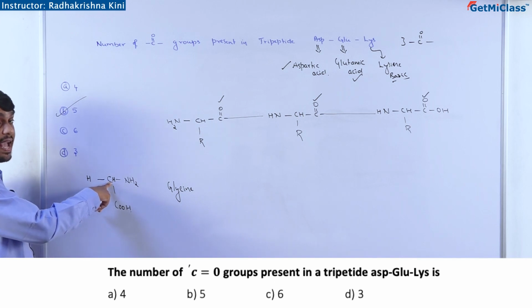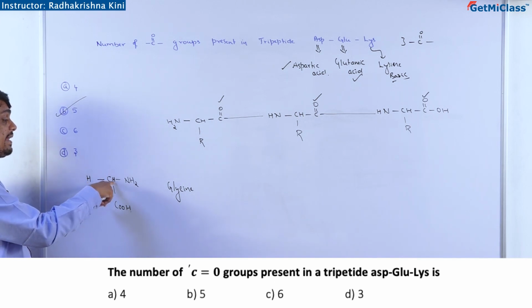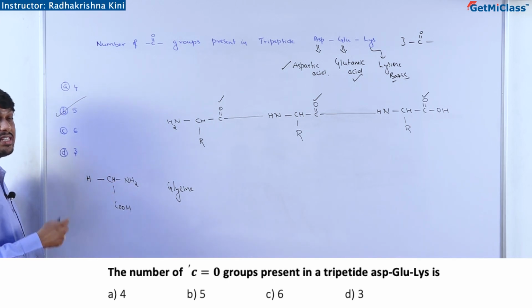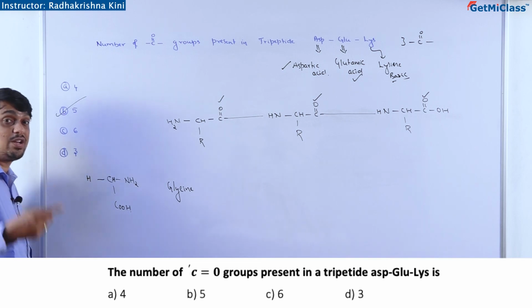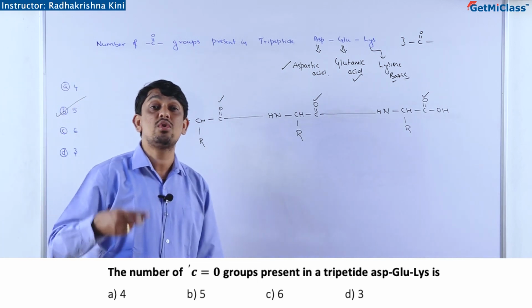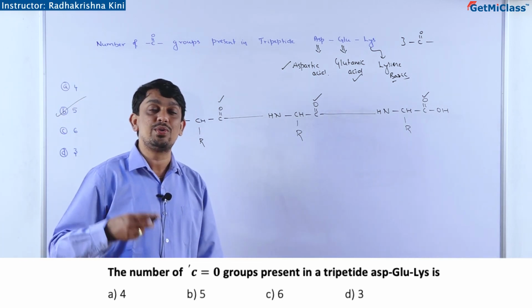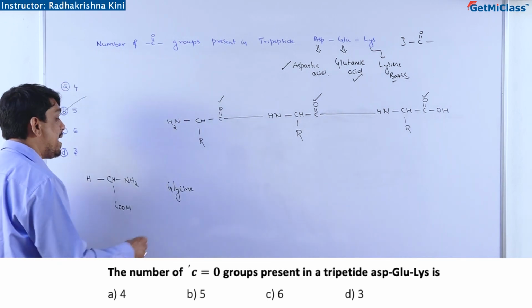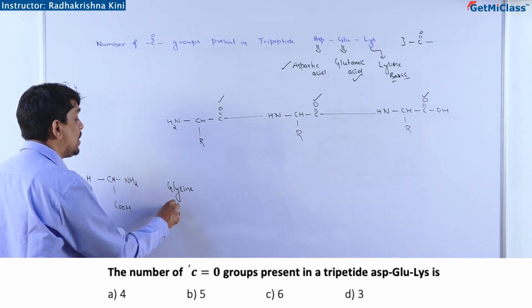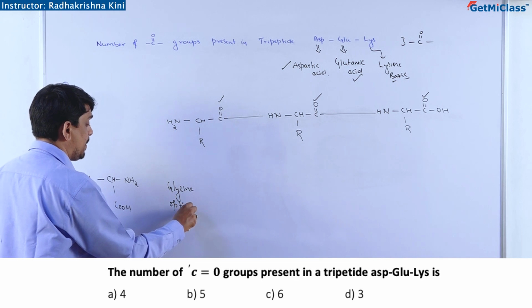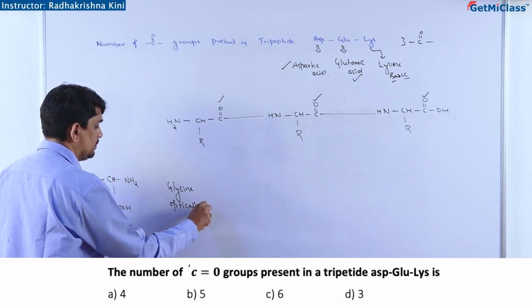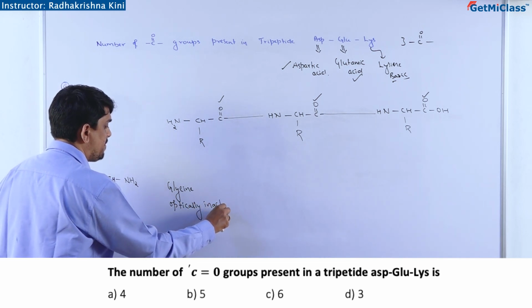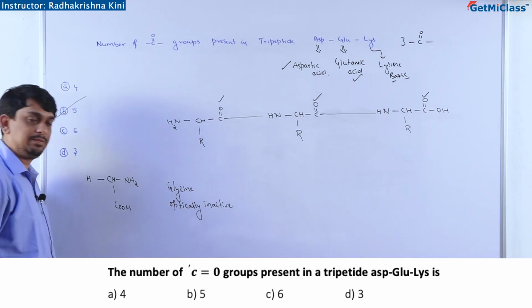This carbon is achiral because identical hydrogens are attached. So this alpha amino acid has no chiral center. Due to the absence of a chiral center, we call the alpha amino acid glycine optically inactive. I hope everyone understood this.